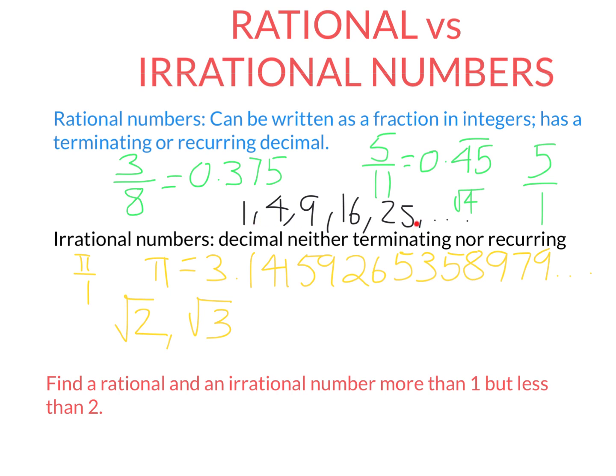If you square root one of these perfect squares, you get a whole number, so it's rational. But if you square root a non-perfect square, you get an irrational number. You get a number whose decimal expansion goes forever but has no pattern to it. So neither root 2 nor root 3 can be written as fractions in the integers.